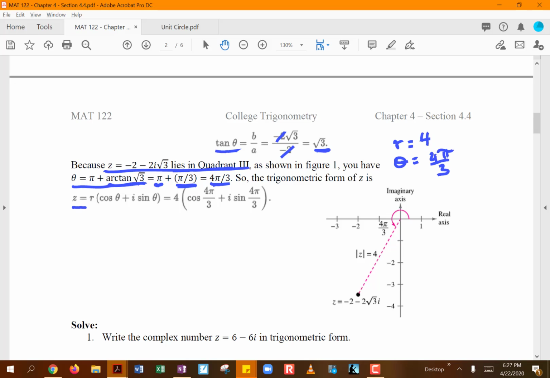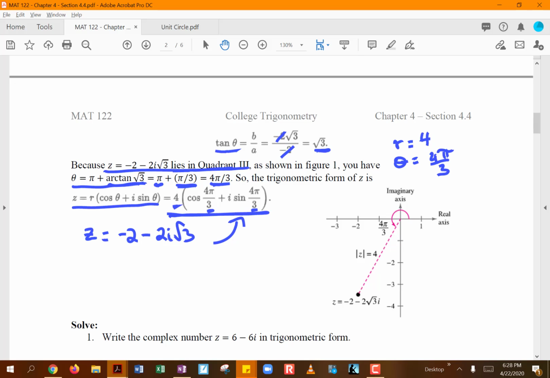Then all you are doing in this formula here is replacing the r with the number 4, and then replacing the theta with 4 pi over 3, and that's how you go from your complex number, negative 2 minus 2i square root of 3, into its trigonometric form, which is this answer over here.